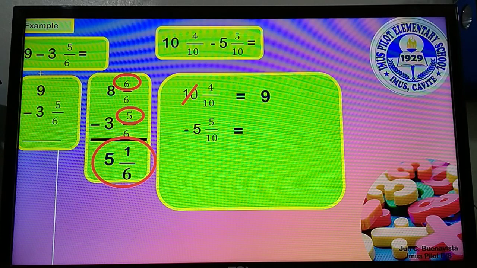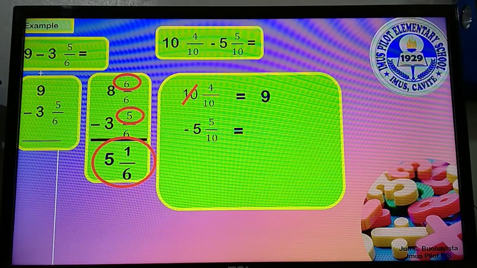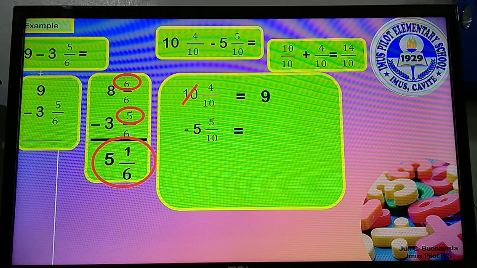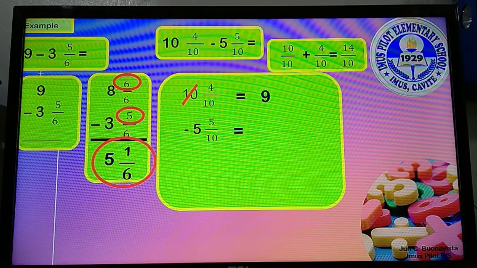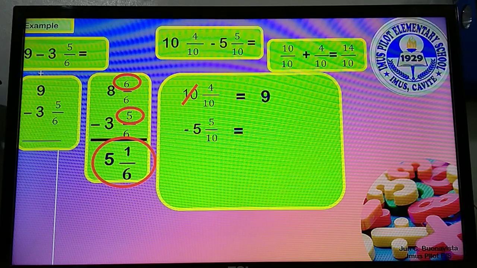So, ang hiniram natin is 10/10. Bakit 10/10? Kasi 10 divided by 10 equals 1. Nanghiram tayo ng 1. So, therefore, 10/10 ang hiniram natin. So, 10/10 plus 4/10 equals 14/10. So, our new fraction now in your minuend is 14/10.